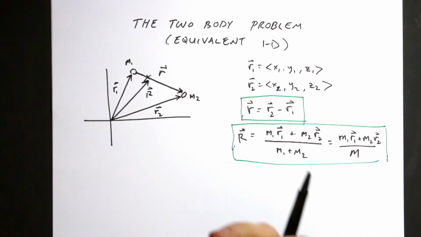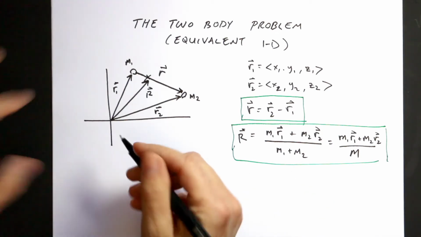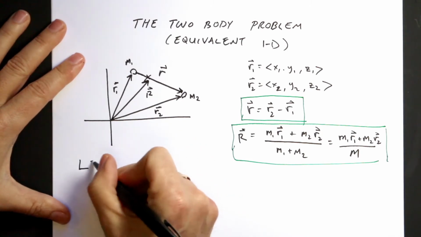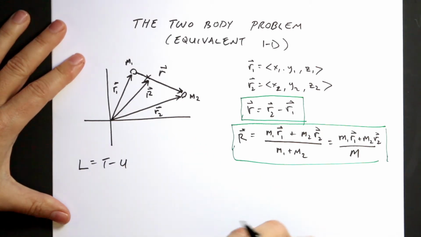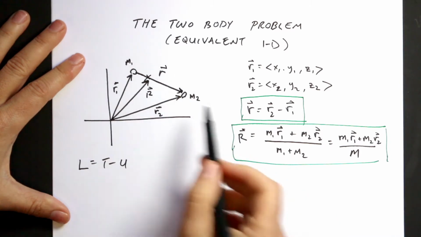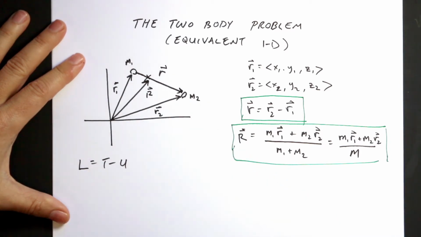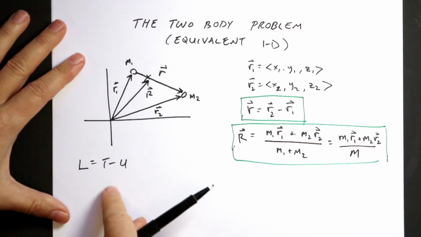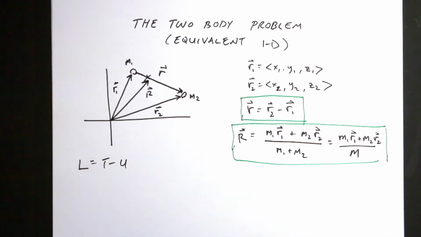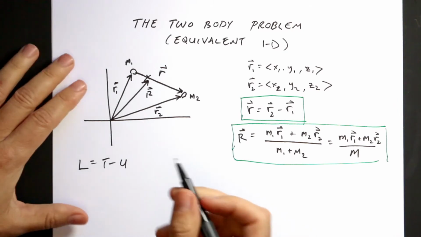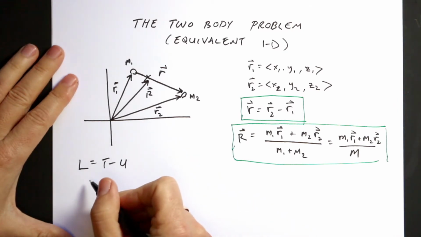So why do we even care? Well, we want to use the Lagrangian, and if you remember, the Lagrangian is T minus U, and I'm assuming that I'm going to have a potential, since it's a central force, that only depends on r, but I need to first get the kinetic energy T. So in Cartesian coordinates, I can say the kinetic energy is this.